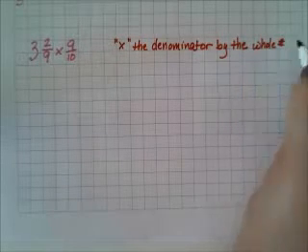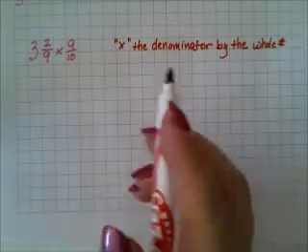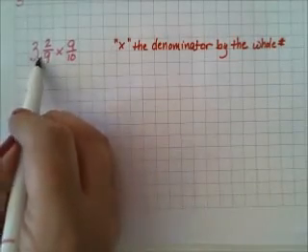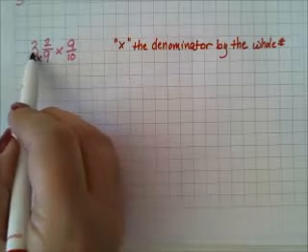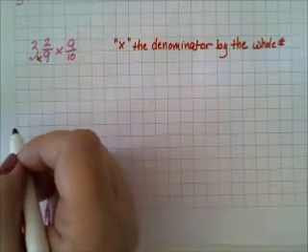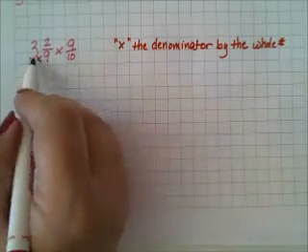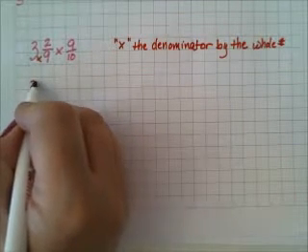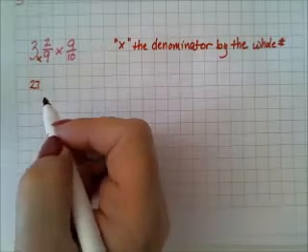So we're going to multiply 9 times 3. What do we get? We get 27, right?